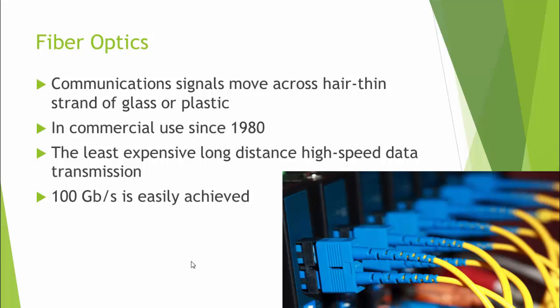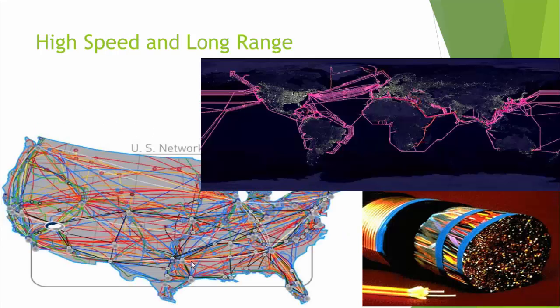It's also very quick. You can easily achieve 100 gigabits per second. And for this reason, fiber optic cable has now been laid between each of the continents, and there are lines between all major US centers.